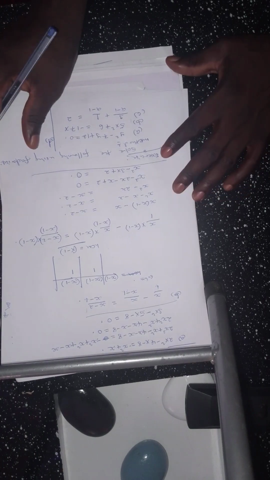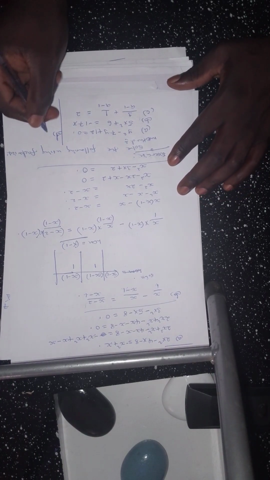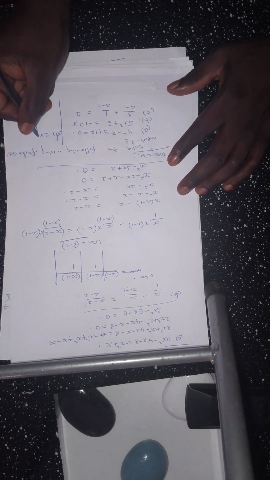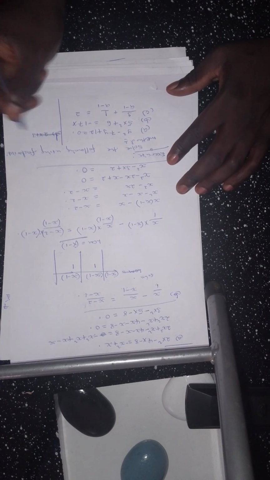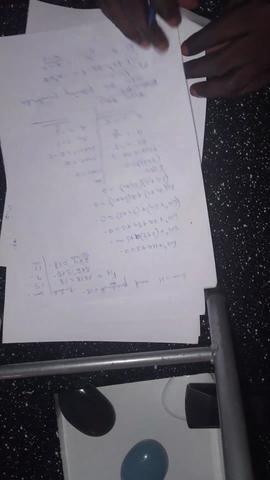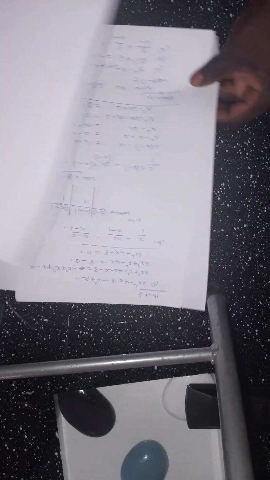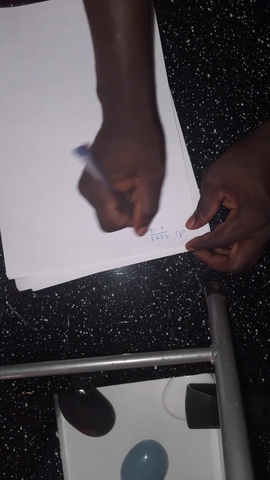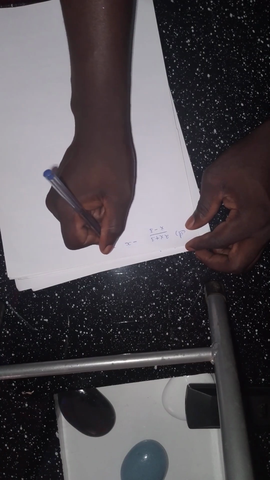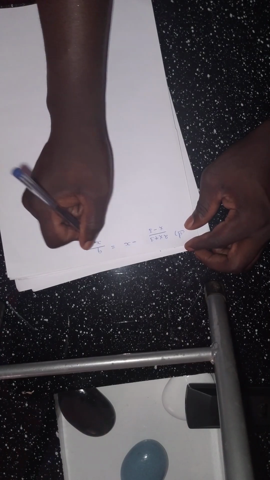Part D, we shall have 2x plus 3 over x minus 3 minus x is equal to 9 over x minus 3.